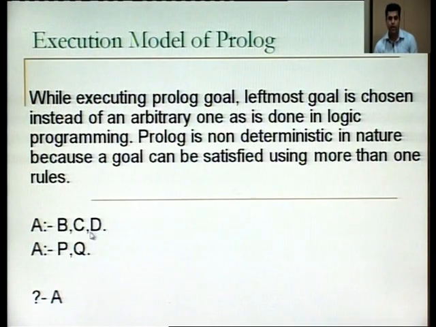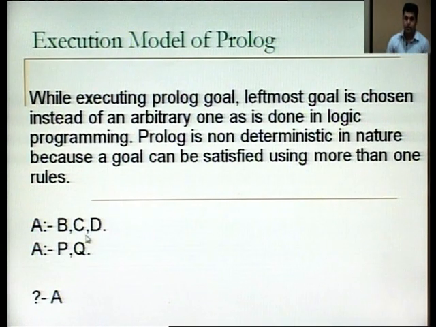Let us say C over here fails, then it will backtrack to B. Whatever bindings B had, they will be removed. It will go for another value of B, and then it comes back again to C.